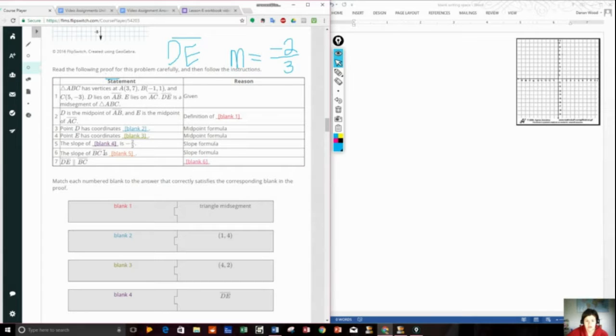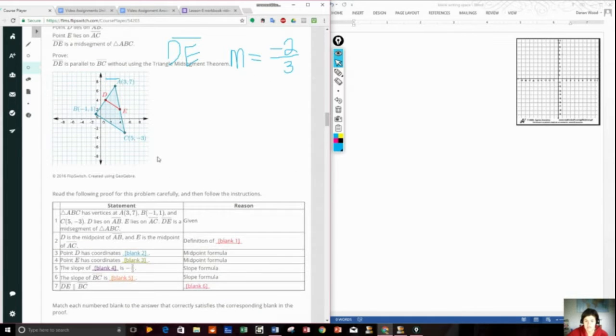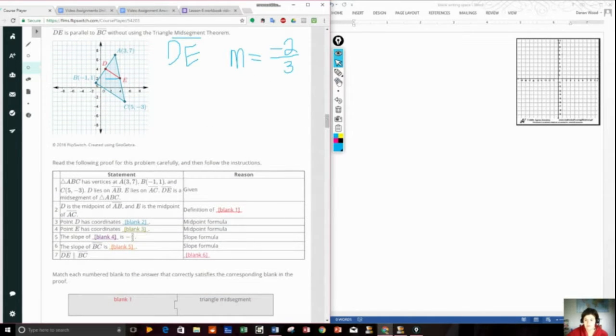The slope of BC is blank 5. So let's look at BC, I apologize. The vertical distance is 1, 2, 3, 4, and I went down, so it's negative 4.